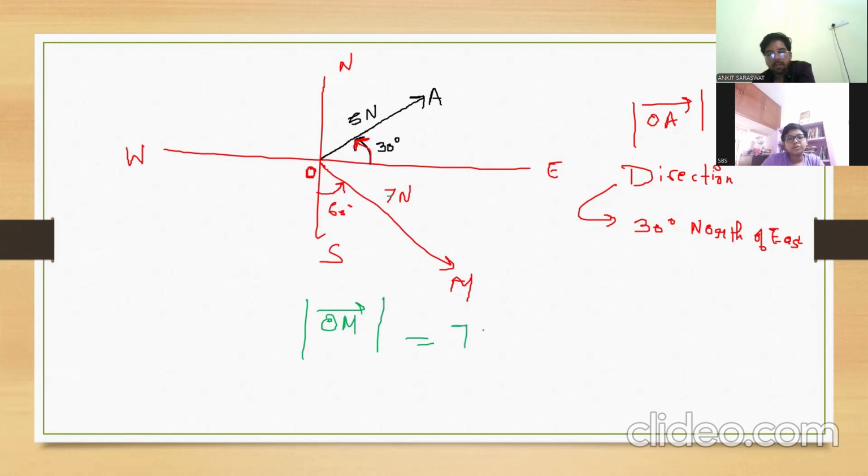The direction is 60 degree east of south. We are moving from south, that's why you will write east of south. North of east means from east you are going towards north.